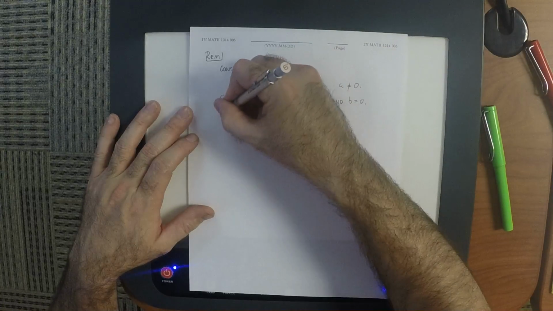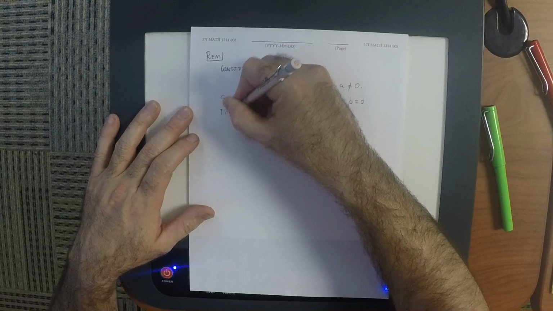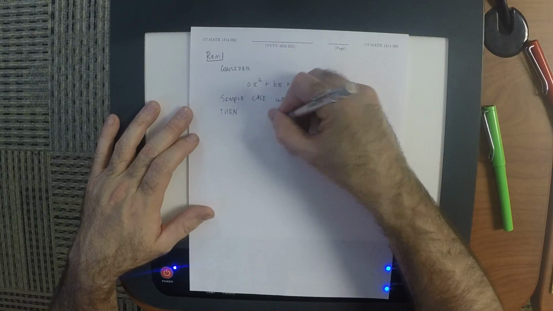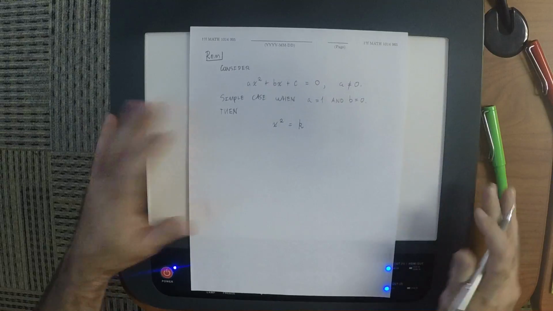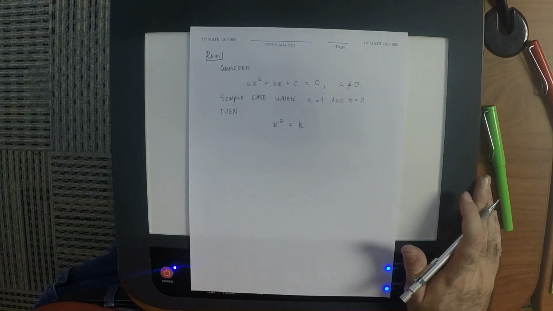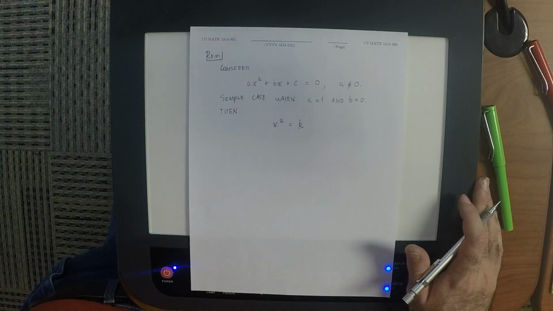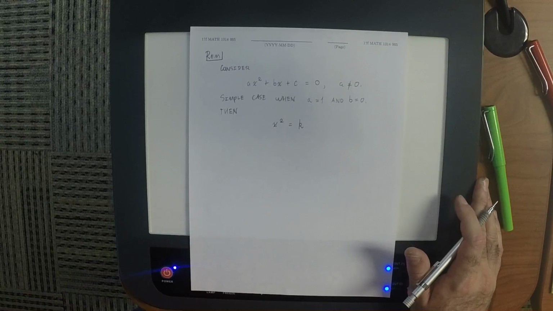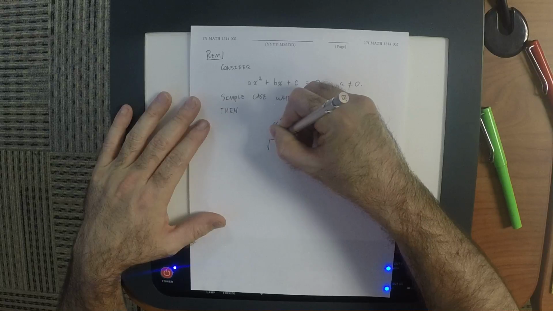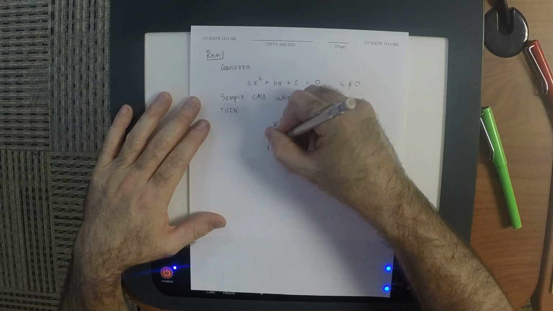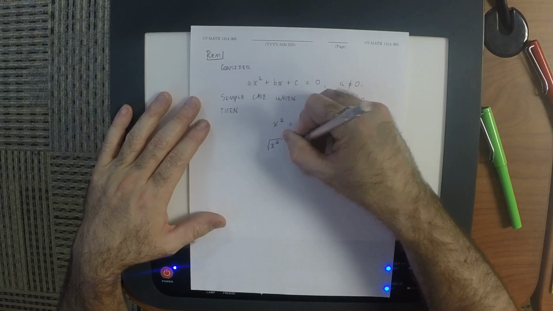So then you could reorganize the equation so that it would look like this: x squared is equal to k. So this one is simple enough that we can solve directly with radicals. So we could compute the square root of both sides. Square root of x squared is square root of k.